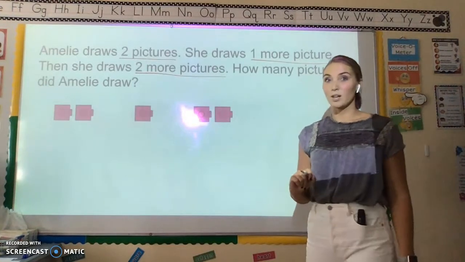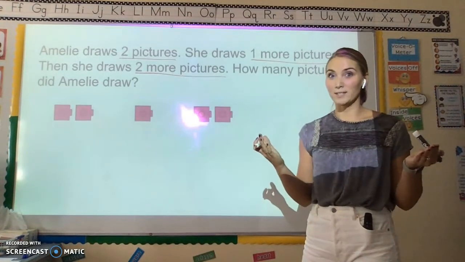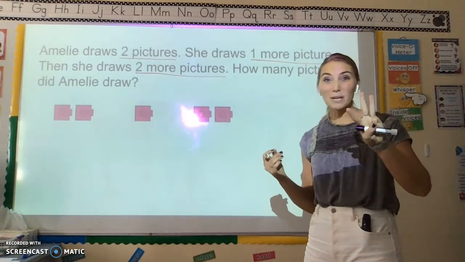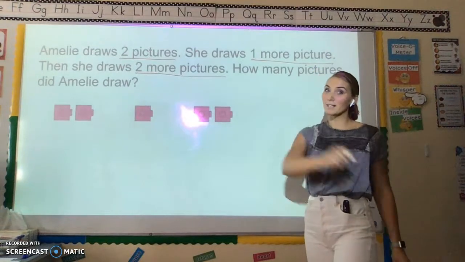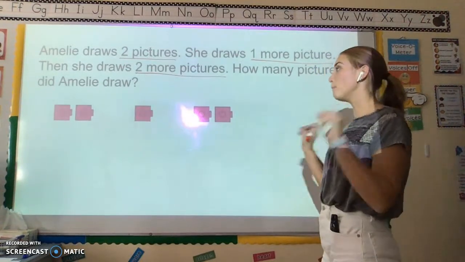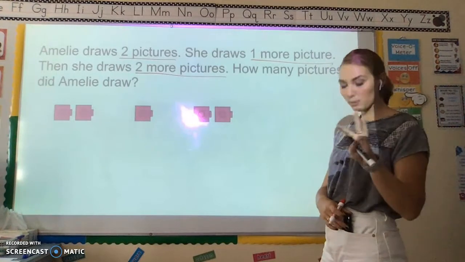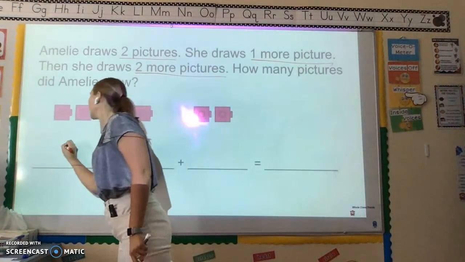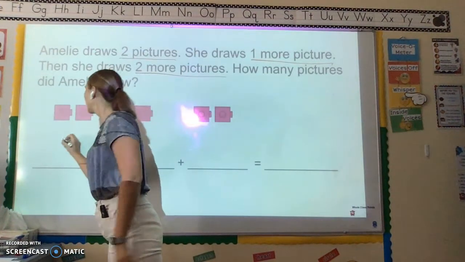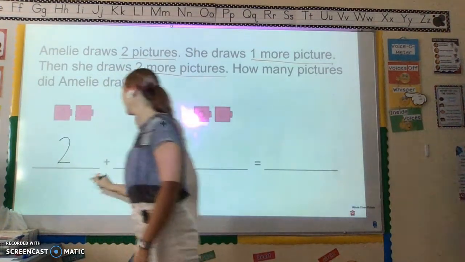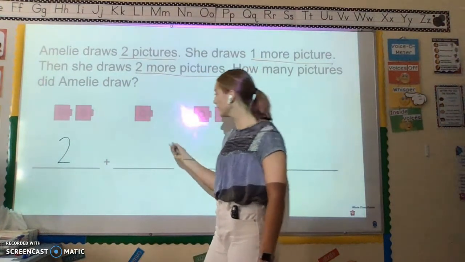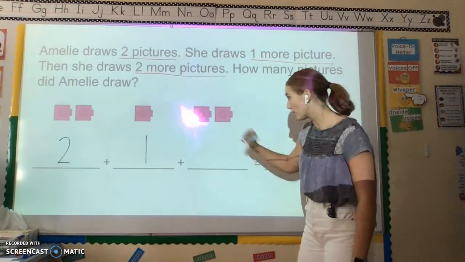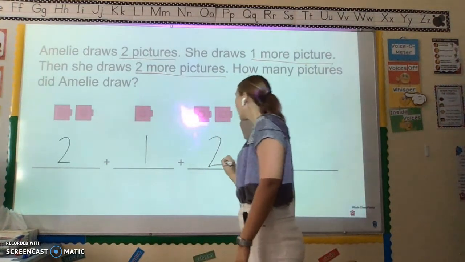Now, boys and girls, do we have just 2 parts in this addition? No, we have 3 parts. So buckle up, mathematicians. This is some big math. We are going to add 3 parts together. So our first part is 2, plus our next part is 1, plus our third part is 2 more.